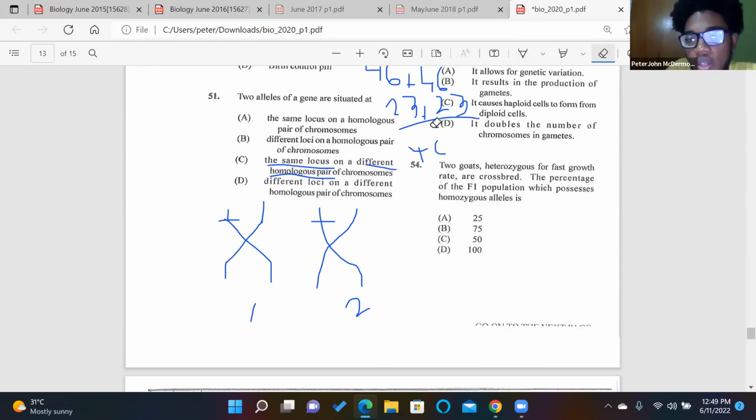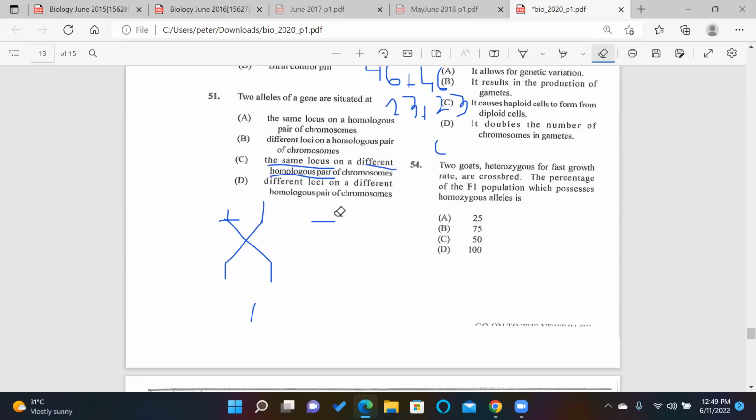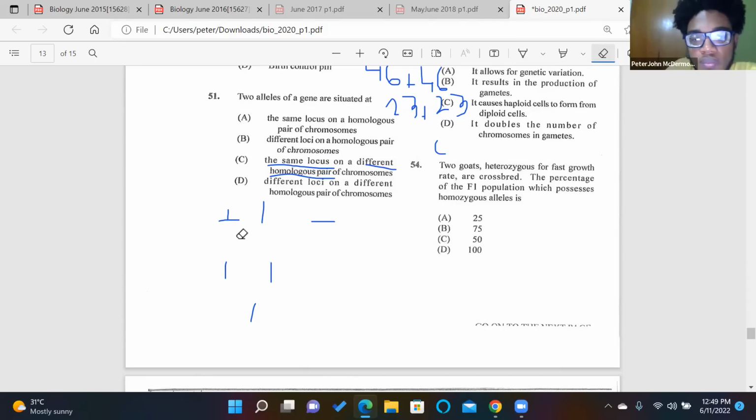All right, I'm going to do the Punnett square now. So let's just use F. I'm not going to do the full steps, but of course, when you're doing it, always do your full steps. We're just going to cross 2 heterozygotes.